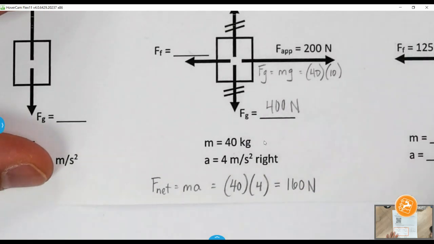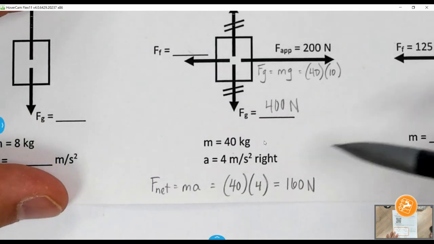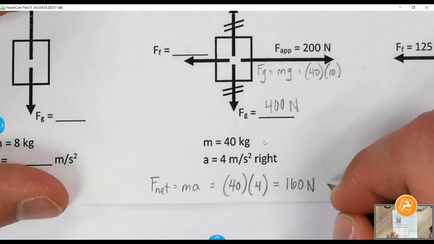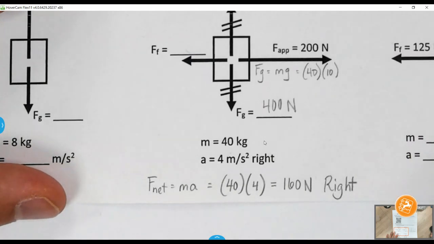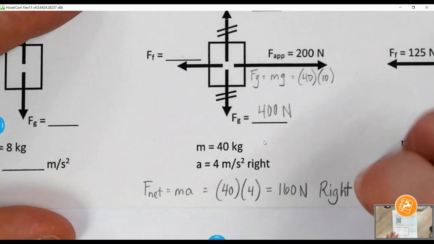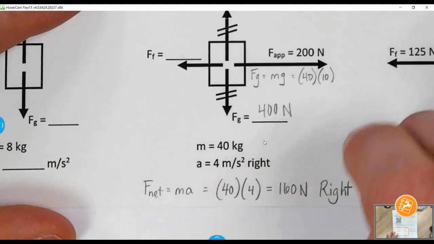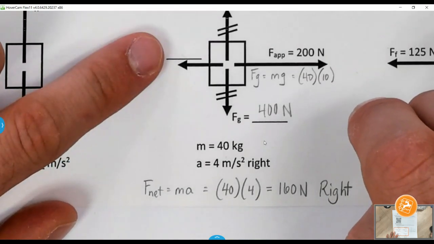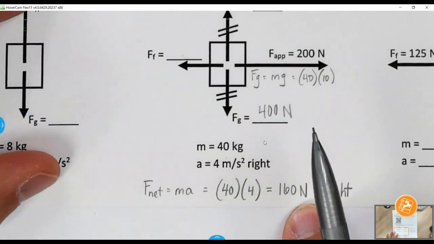Now what direction? Remember, direction of acceleration is in the same direction as net force and vice versa. They told us the acceleration is to the right, so that means the net force needs to be to the right. And if we know that the net force is 160 to the right, what would this number have to be in order to make that true? 40.